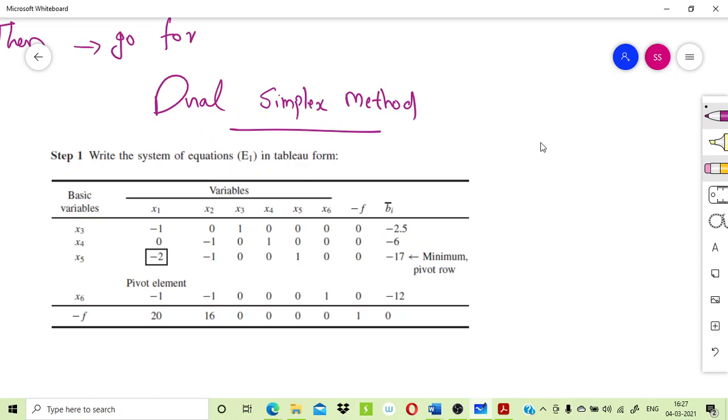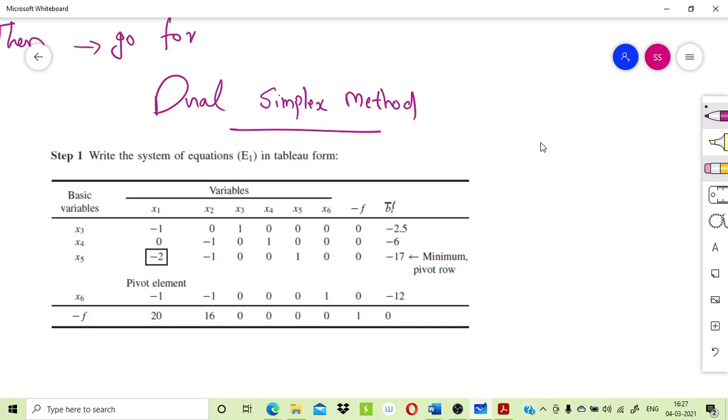The right-hand constant we will write in the solution column, that is -2.5. Like that we will proceed with our simplex method, which you have already practiced.